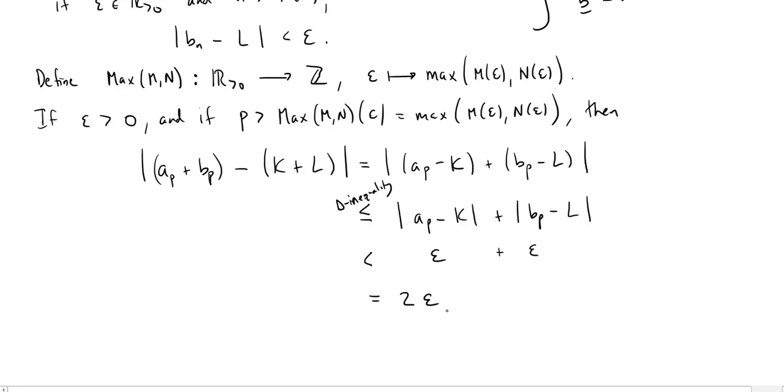Now, this doesn't match the definition for sequence convergence. However, this does match the Inspired Choice Theorem. It says if we can show that there is some constant, in this case the constant is 2, such that if we go out far enough, the sequence terms will be within that constant times epsilon of the proposed limit, K plus L, then we get convergence anyways.